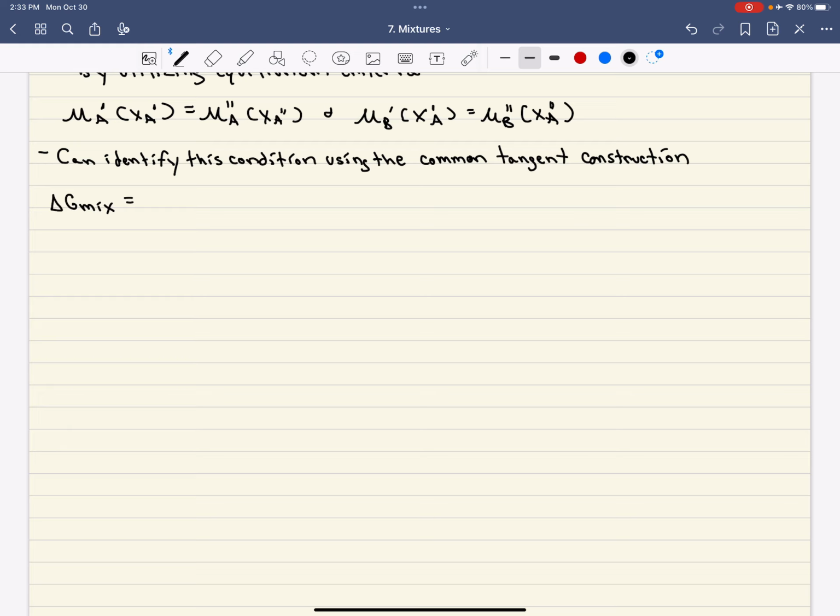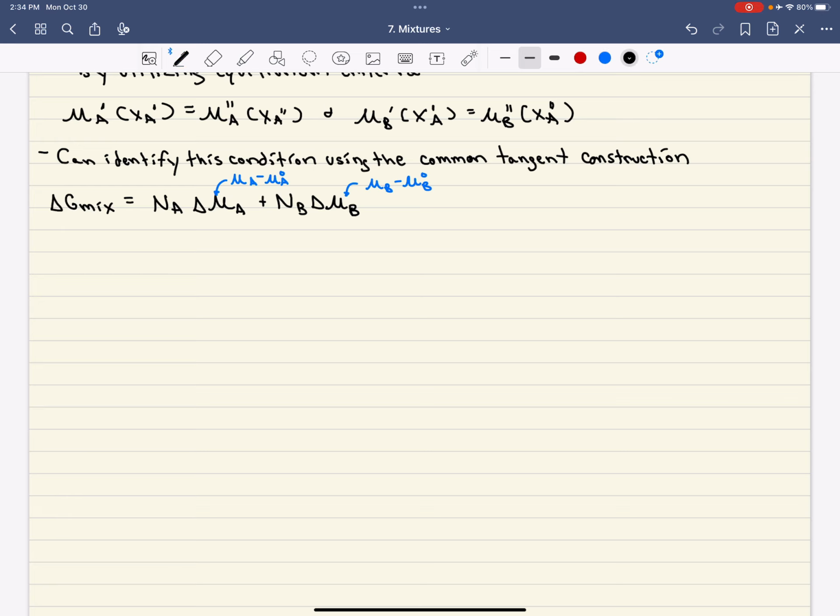Such that delta G mix would just be equal to the sum of Na times some sort of change in chemical potential A plus Nb times some sort of change in chemical potential B, where these changes in chemical potentials are just the difference between chemical potential A minus its standard state value, and the same for chemical potential B. Right? This is one way that you could write delta G of mixing.